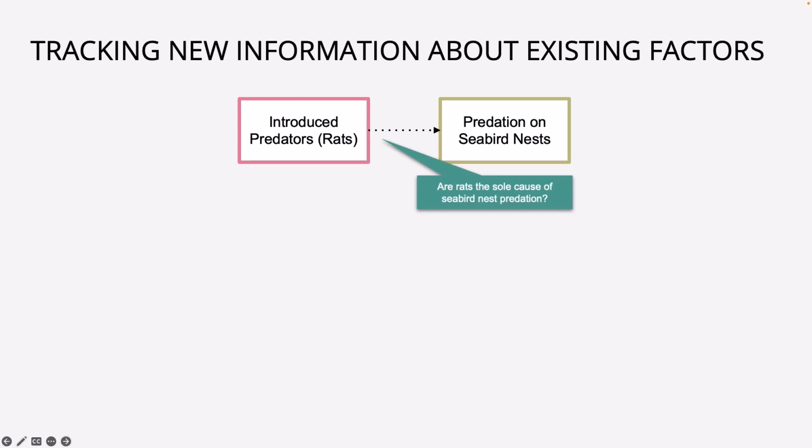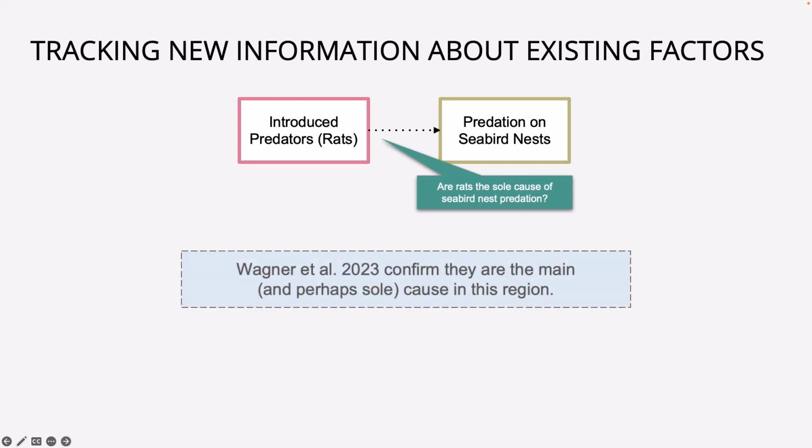For example, as noted here in the green box, the Eastern Bay project team was initially uncertain if rats were the sole cause of seabird nest predation at their project site. To address this uncertainty, they pursued more information. They initiated a study from Wagner et al. 2023 to confirm that the main and perhaps the sole cause of the problem in the region was rats.